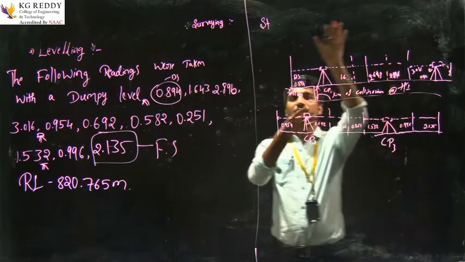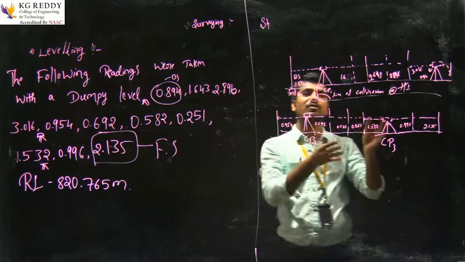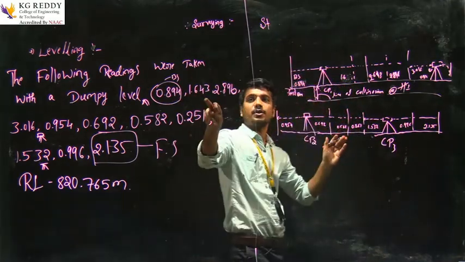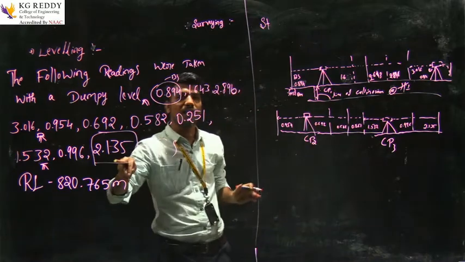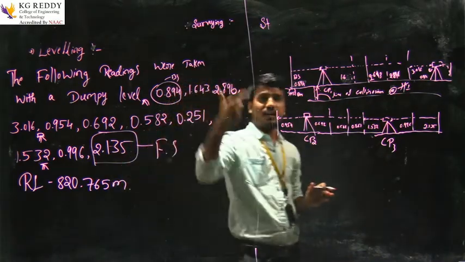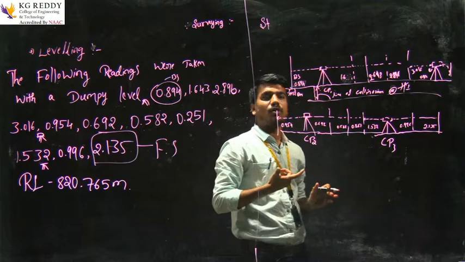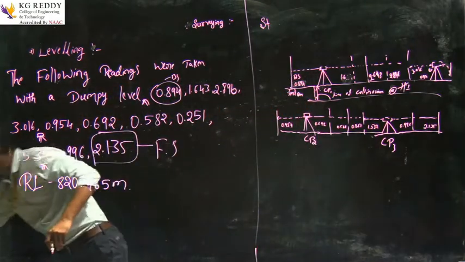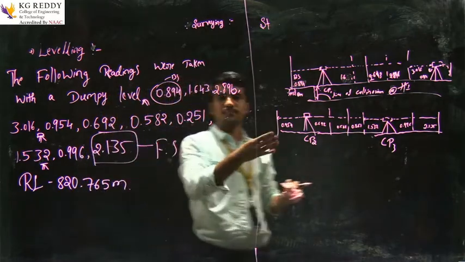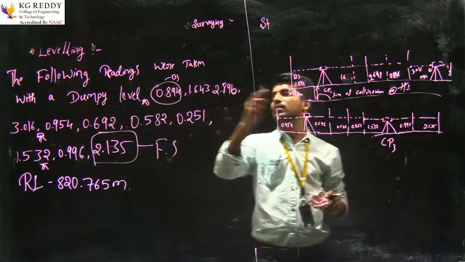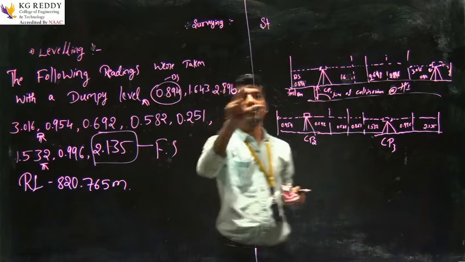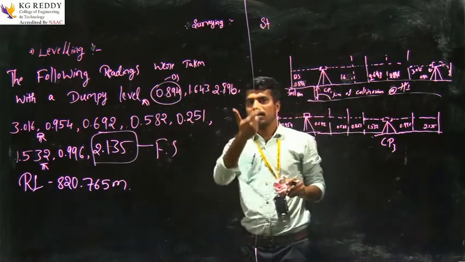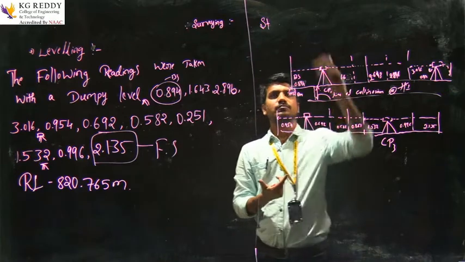After that we write in the tabular column and find each RL. The RL of station 1, station 2, station 3, likewise up to 11 stations, we consider as reduced levels. Let us discuss one by one. This is practically applicable for reading in a format way, and we shift to this format and again write in a tabular column.